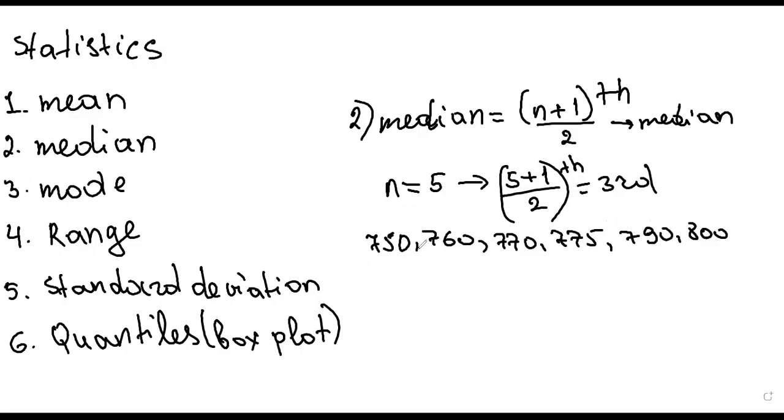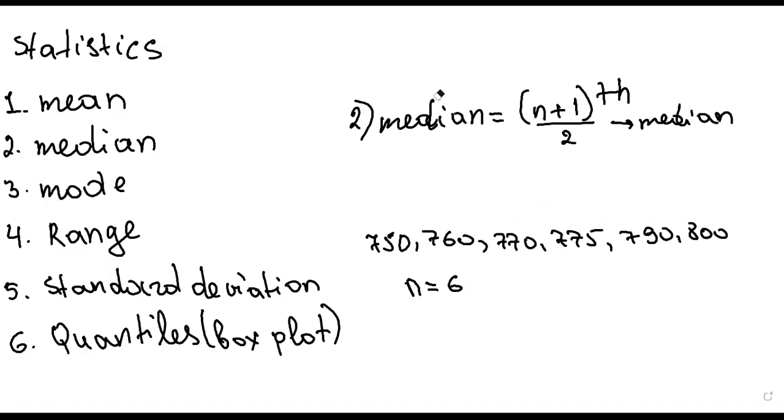So we have 6 numbers, so n is equal to 6. So we have 6 numbers, 6 plus 1 divided by 2, which is 7 divided by 2, which is 3.5.